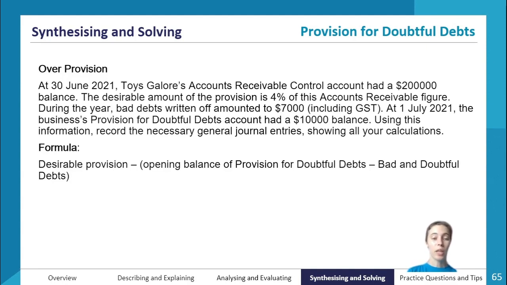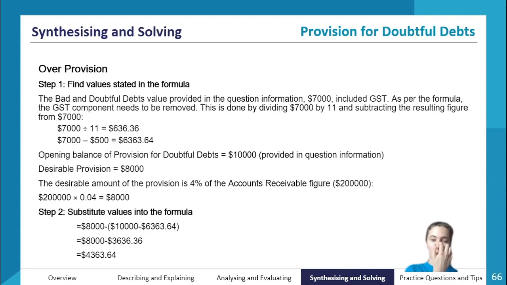So the formula for this is different. So we start off with the desirable provision, and then we are taking away the opening balance of provision for doubtful debts less the bad and doubtful debts. So let's have a look at what this looks like. So the value provided in the question for bad and doubtful debts was 7,000, including GST.